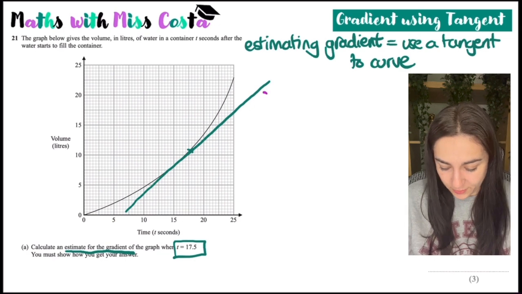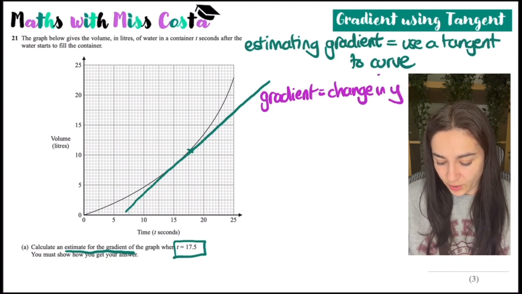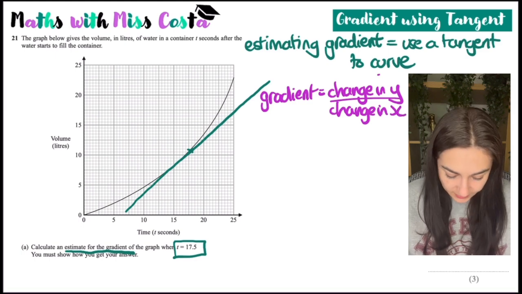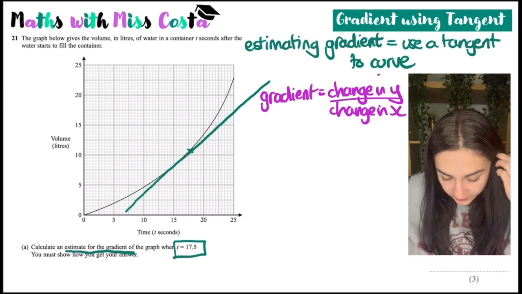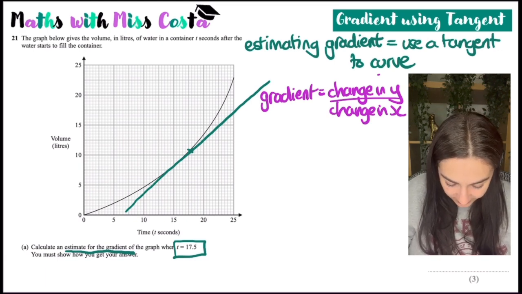So how do you work out gradient? The gradient is the change in the y coordinates over the change in the x coordinates. So let's draw myself a little triangle, and you're always trying to look for a part where the line goes exactly through a diagonal.